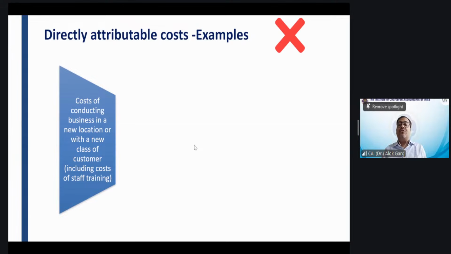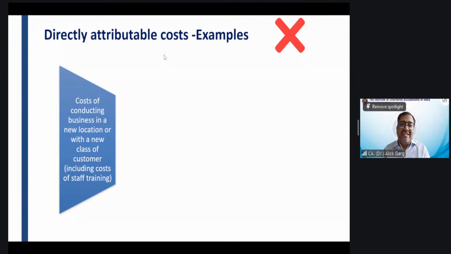For example, cost of conducting business in a new location or with a new class of customer, including cost of staff training. The company has shifted its plant from India to China. Now the company is giving training to its staff for learning the Chinese language.